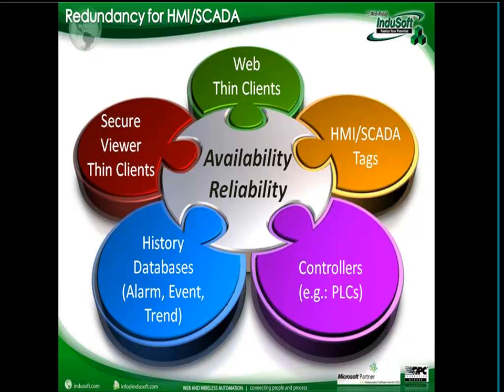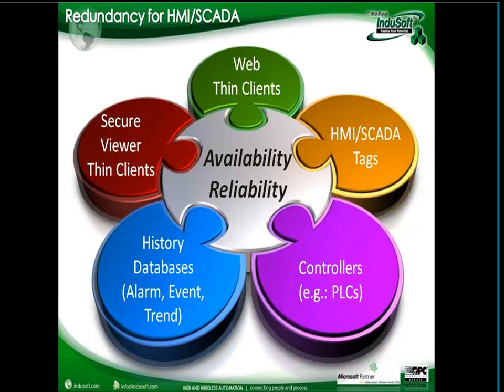So specifically when you talk about the HMI SCADA system, there are at least 5 different interfaces in the Software Studio where redundancy is fully supported. Web thin clients, secure viewer thin clients, history databases, controllers, redundant PLCs, for example, and the main HMI stations, the main HMI SCADA server stations.